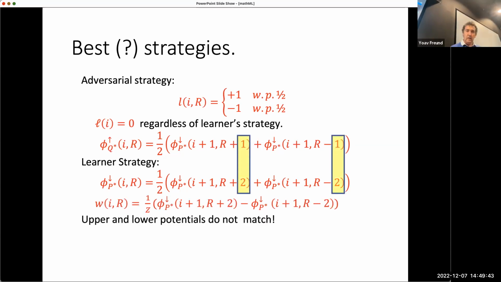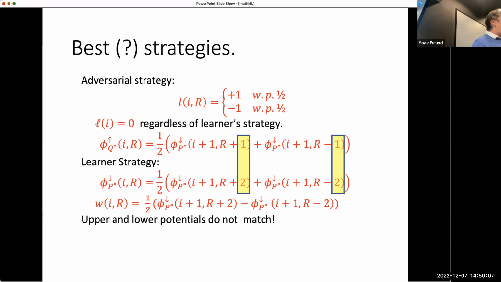The problem is that there is a gap. For the adversary, you get +1, -1, and for the learner, you get +2 or -2. Right, so it's different, so the two potentials are not the same. There's a gap. And why do you need the +2, -2?